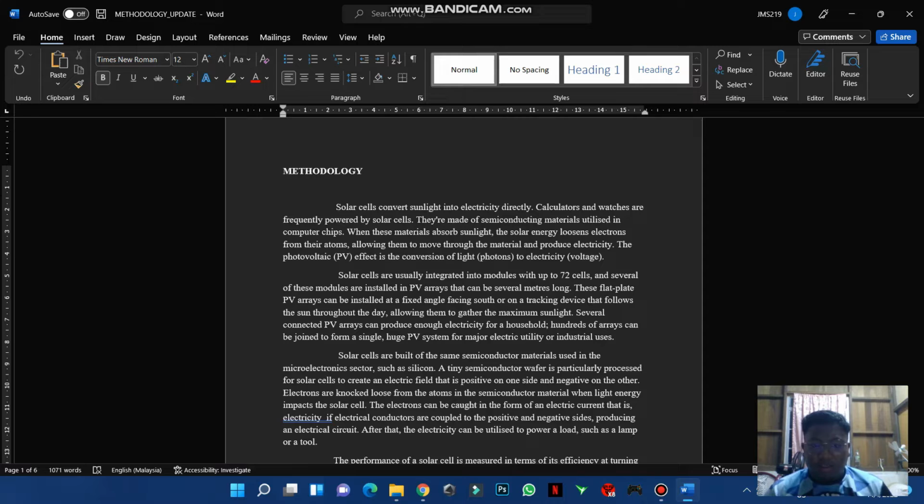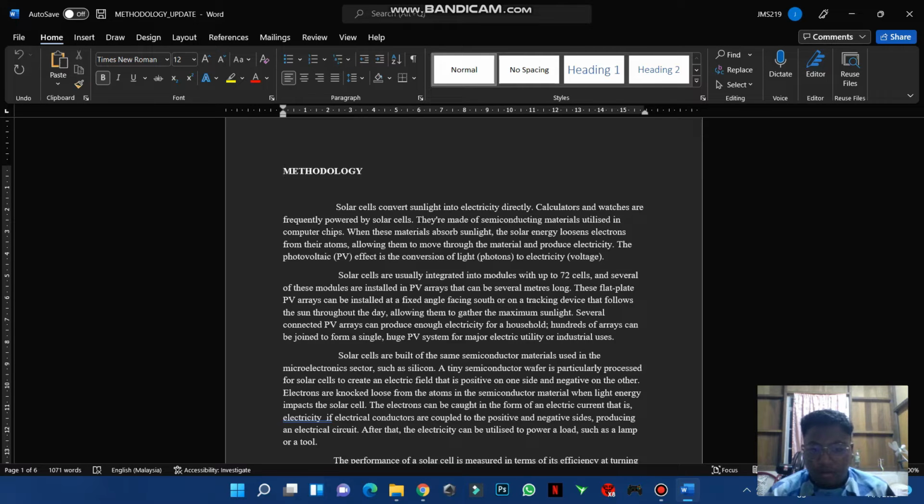Solar cells are actually integrated into modules with 72 cells, and several of these modules are installed in PV arrays that can be several meters long. Solar cells are built of the same semiconductor material used in the microelectronic sector, such as silicon. A tiny semiconductor wafer is specially processed for solar cells to create an electric field that is positive on one side and negative on the other.